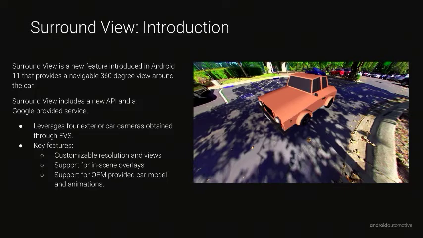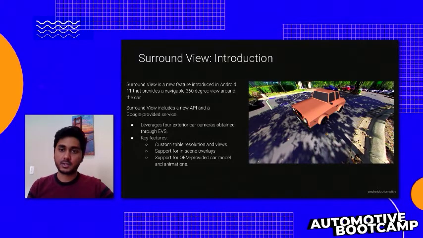The goal of Automotive OS is to forward that and even improve on what current offerings there are. Surround view is going to be a whole 360 view of everything around the car. And we will be introducing new APIs, algorithms, and features to enable this within Automotive OS.